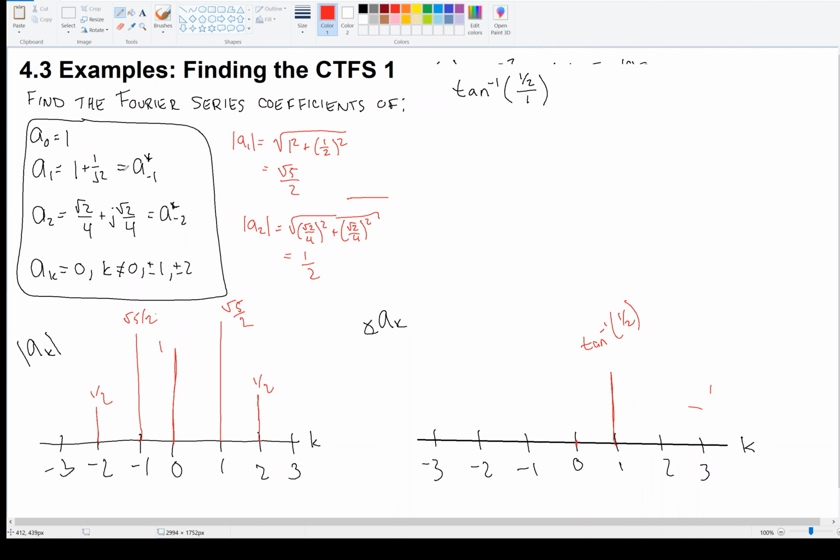The imaginary part, the j's in the denominator there, so the imaginary part is actually minus. So that should go down, I believe.